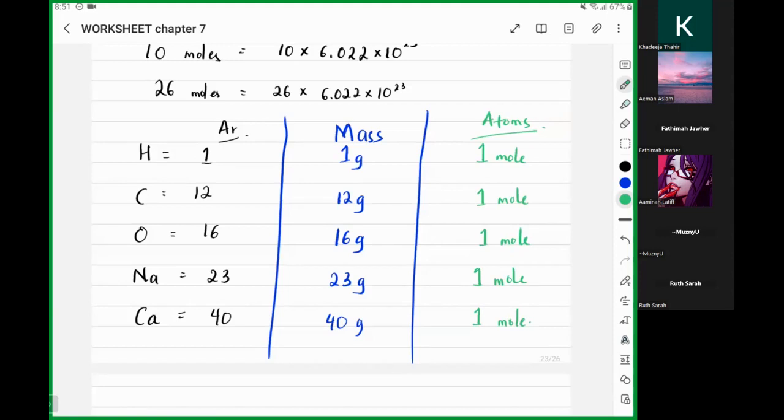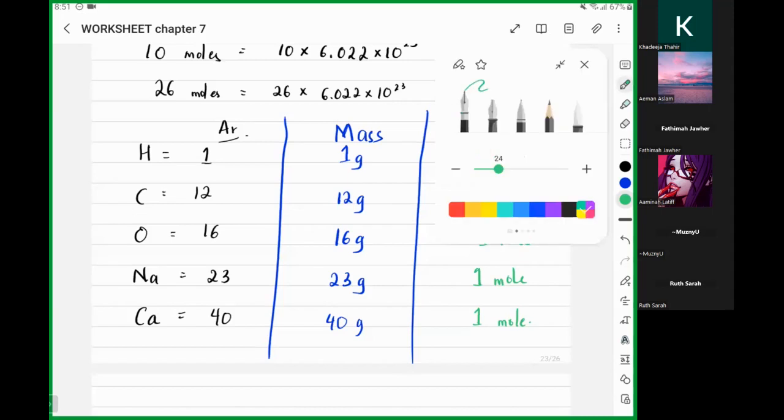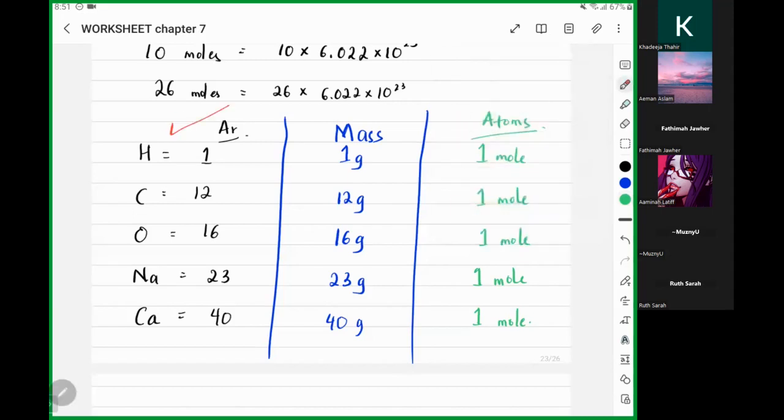Did you understand this? I'll explain it once more. Now, you know what relative atomic mass is? Yes, this one is clear for you. So these values I just took randomly from the table in your book. For hydrogen, it's 1, carbon is 12, oxygen 16, sodium 23, calcium 40. Now, each of these substances, you can weigh them.